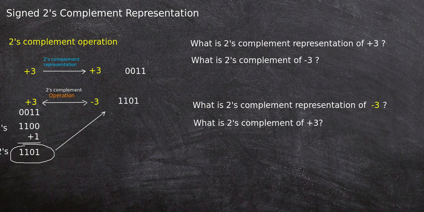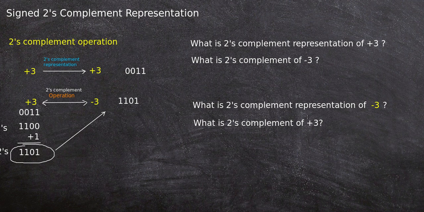We just write its binary equivalent and add a sign bit there. And if it is asking for the representation of a negative number, then actually we cannot write the negative number directly. We need to convert it from the positive one. So in that case, the 2's complement operation mechanism we have seen here needs to be applied.